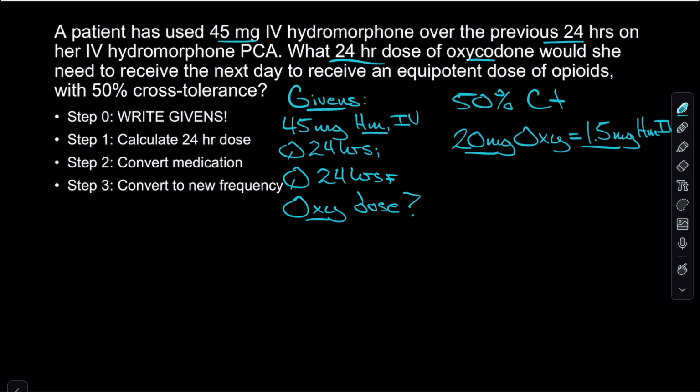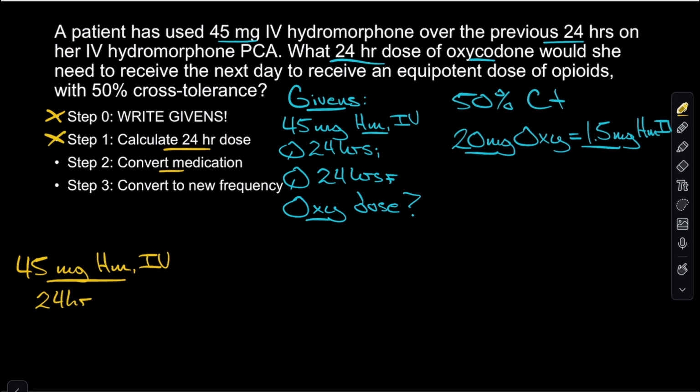So we can start off with where our patient was at. They received 45 milligrams of hydromorphone IV every 24 hours. So we already have step 0, which is writing our givens.